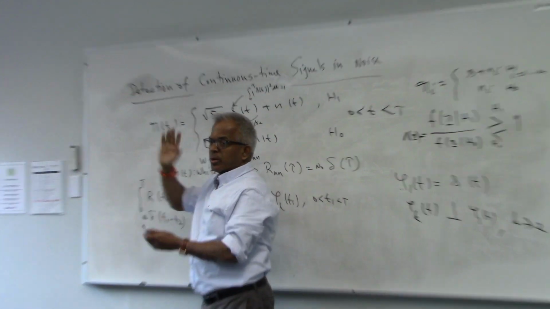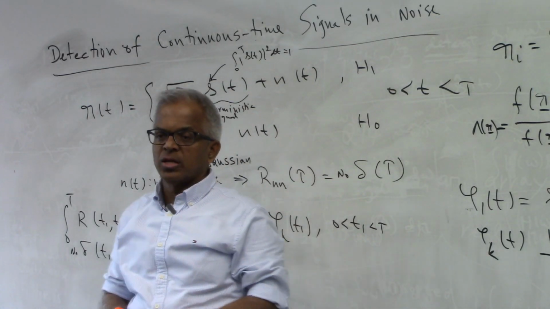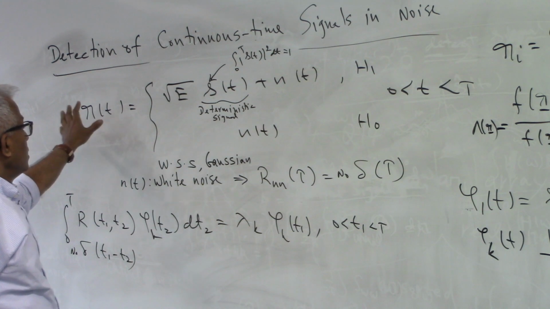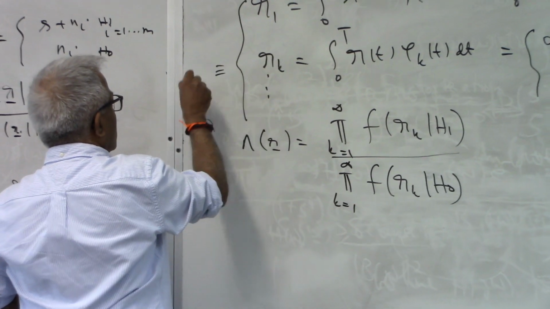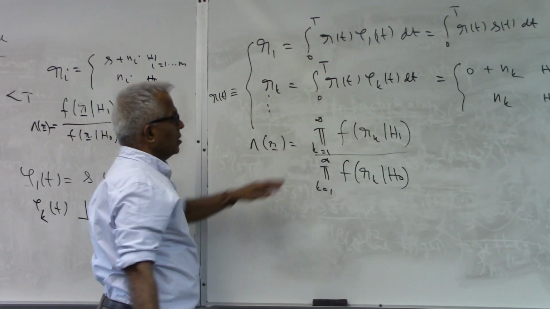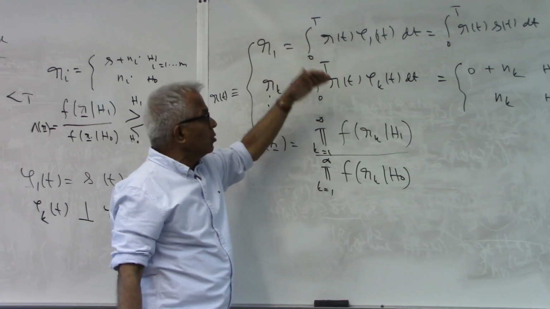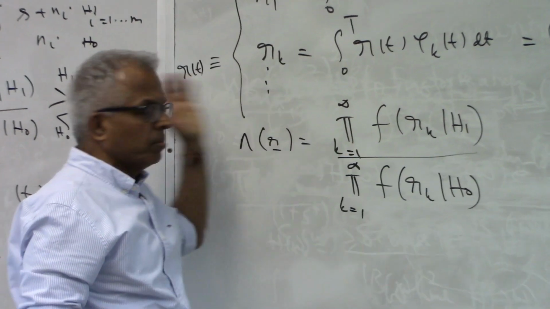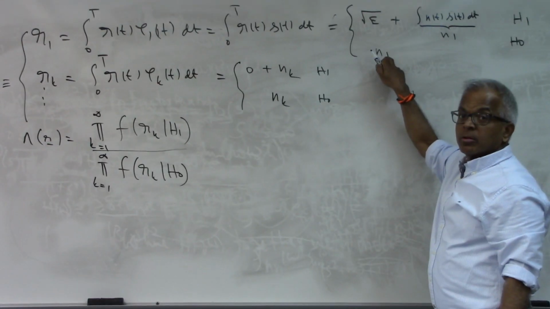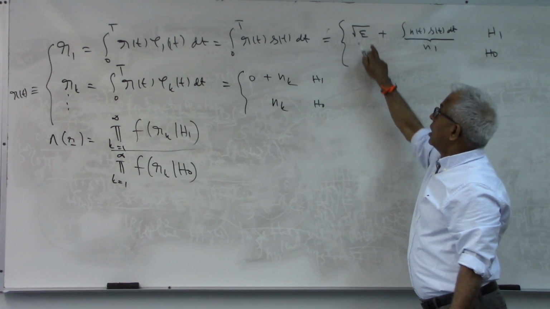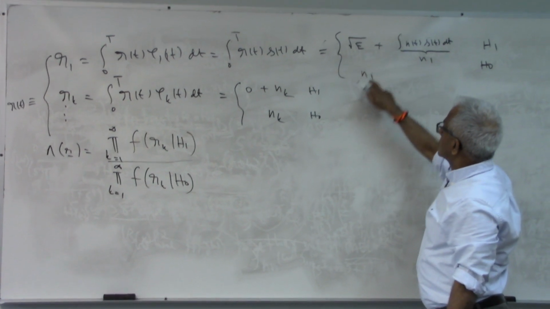This is not by sampling, because if you sample, you will lose the information. In a mean squared sense, this set is equivalent to R of t. But if the noise is Gaussian, these samples are independent, so the joint density function becomes the product of the density functions. But now look here, only R1 has a different form. R1 under H1 is this.